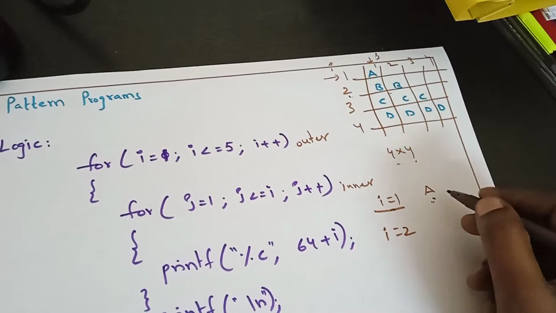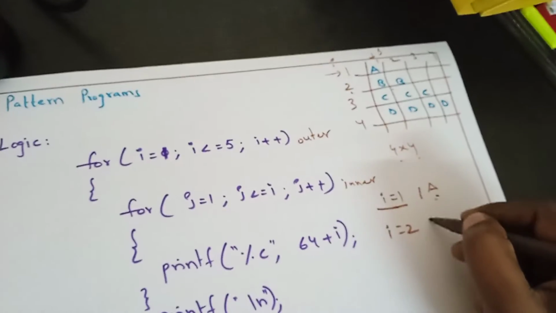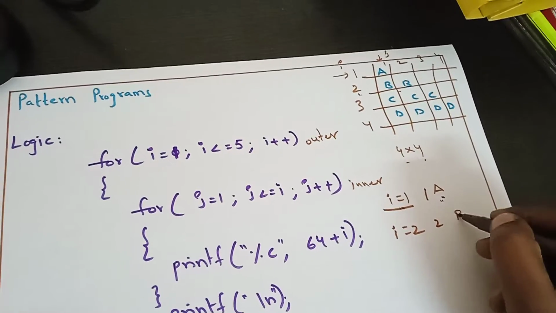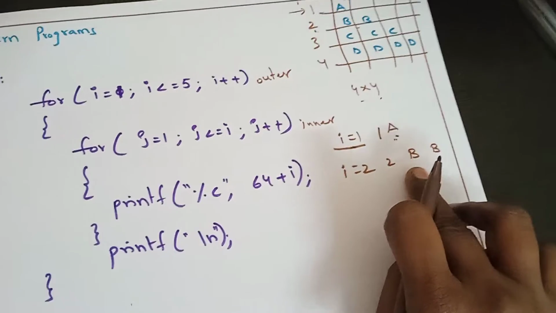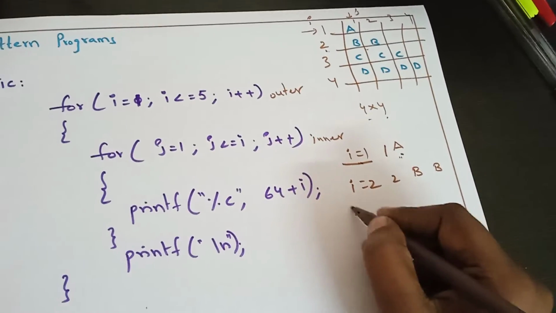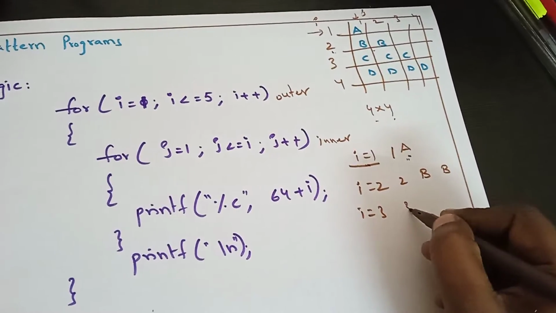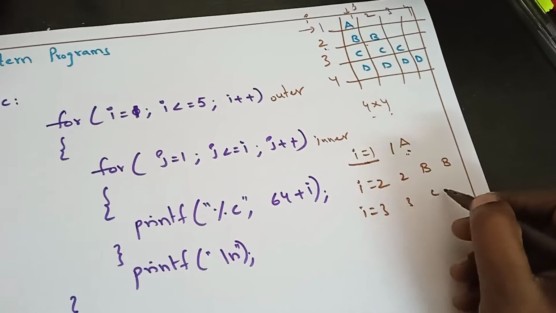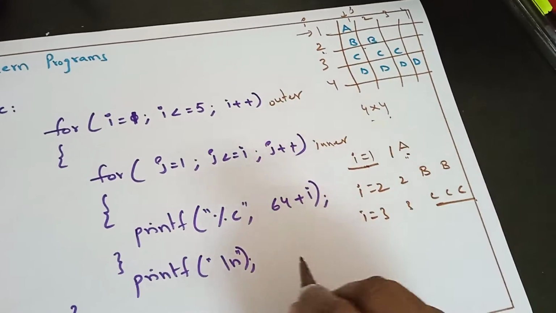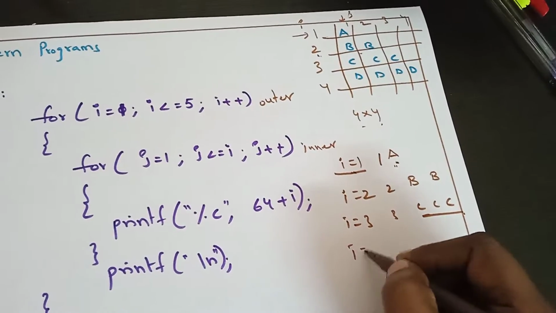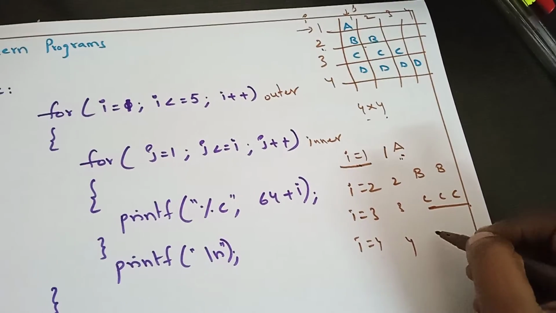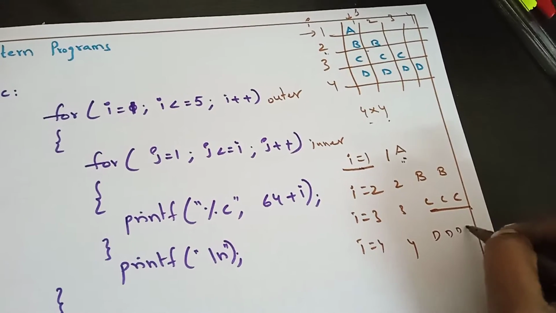Here it is one value, here it is 2 values, and these two characters are the same. Now when you are going for the third row, you have to print 3 values, and the same characters we would like to print. Now when I is equal to 4, we would like to print 4 of the same.